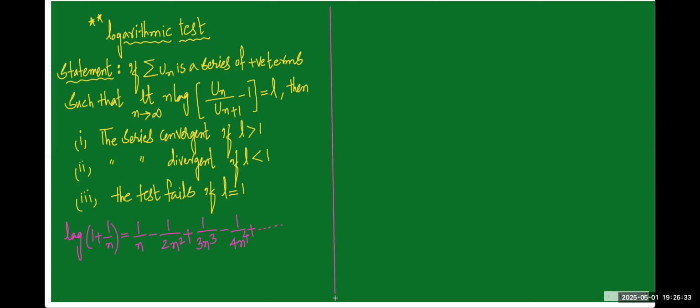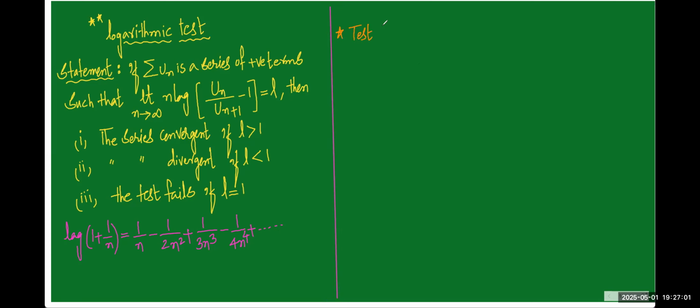See how the question will come. Same question: test the convergence of. Every time they may ask you just convergence, test the convergence of. This is our first question of today's discussion.